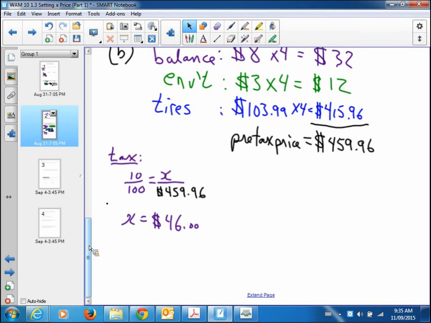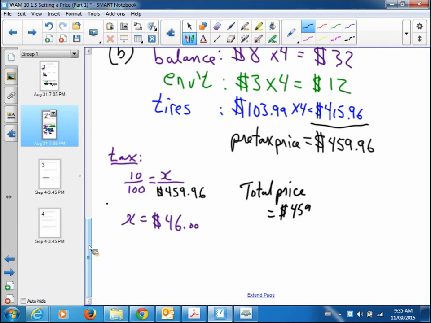Now that means your total price for the 4 tires is equal to the 2 prices added together, $459.96, plus the tax.